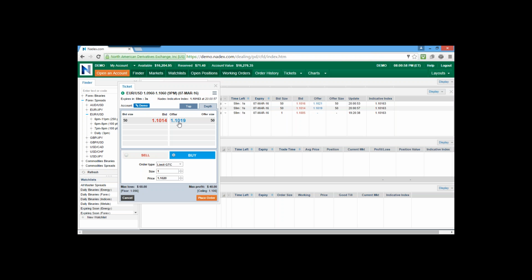If it was a binary trade and the market expired 1 tick against you at expiration, you would lose all 60 bucks, correct? Everybody understand that? If you bought a $60 binary and the market expired 1/10 of a tick below your strike, you would lose the whole 60 bucks, right?